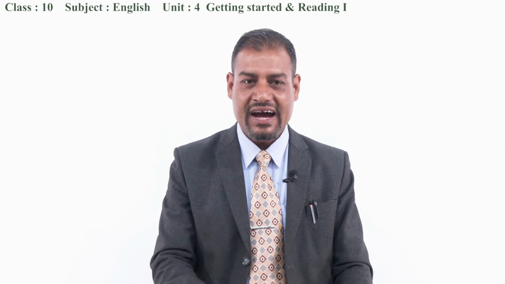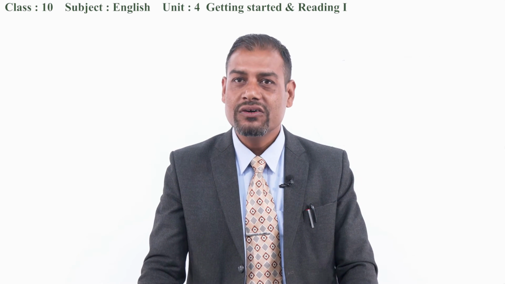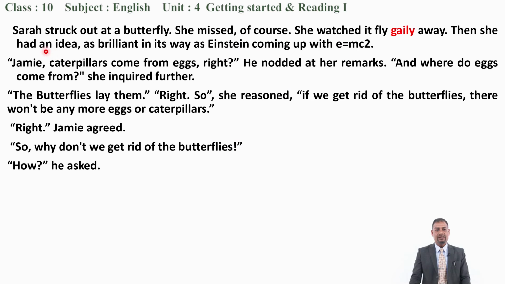Good. Now, again, I want to go ahead. So, you also read with me, okay? Sarah struck out at a butterfly. She missed, of course. She watched it fly gaily away. Then she had an idea as brilliant in its way as Einstein coming up with E equals mc squared.